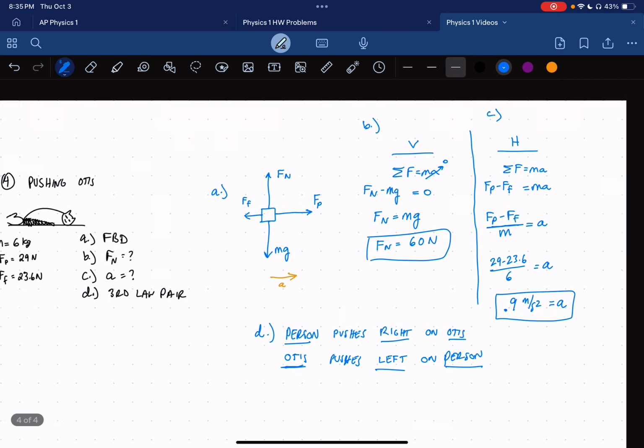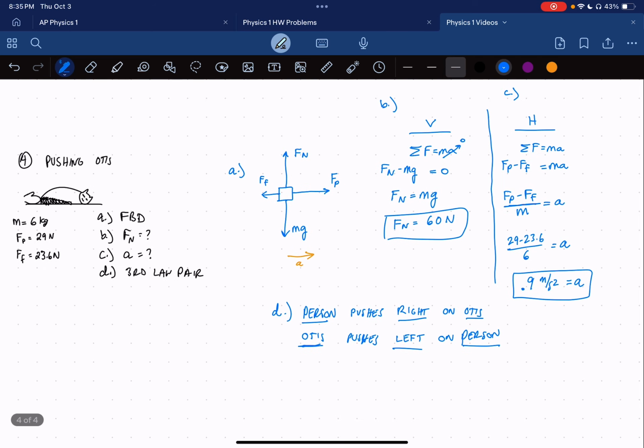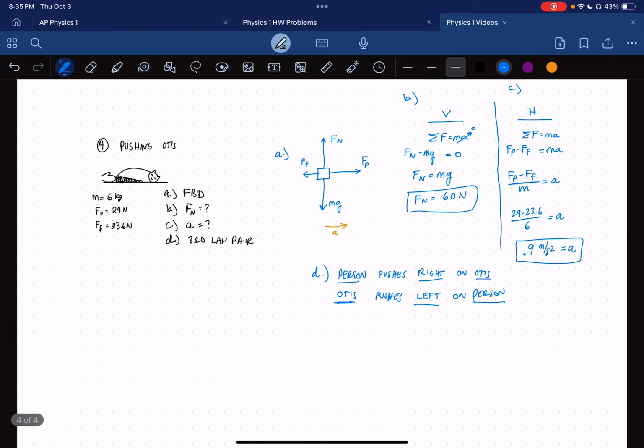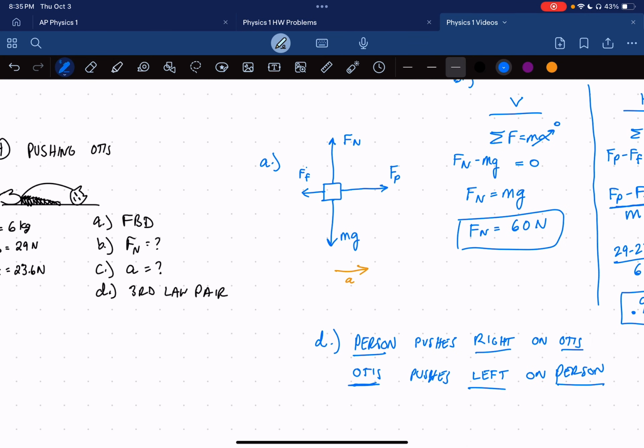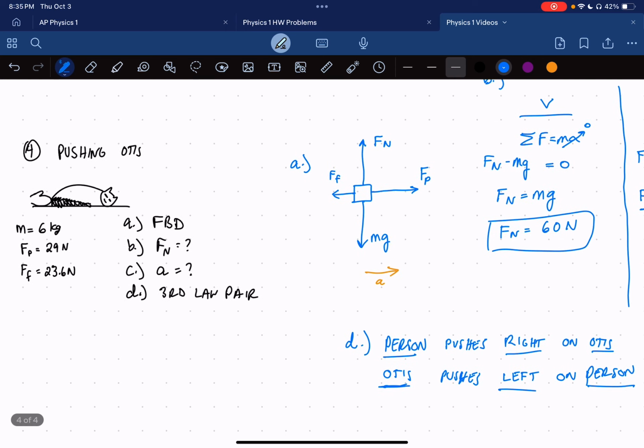Okay. And there's more. There's other ways to do this. If you take a look at the free body diagram, these forces all have a pair. It's not shown here, but they're all a pair. The floor puts a friction force on Otis, and Otis puts friction back on the floor, or puts a force back on the floor.